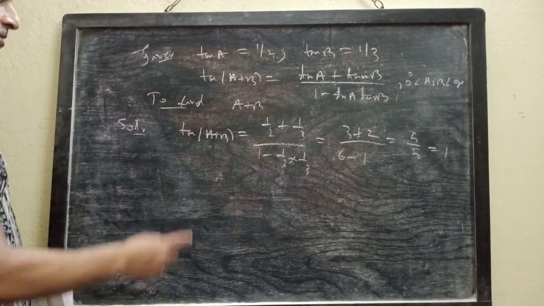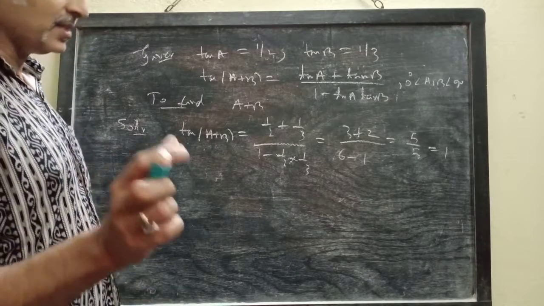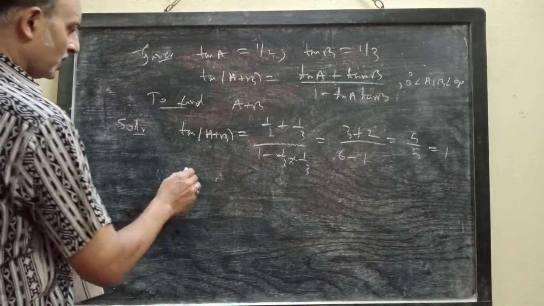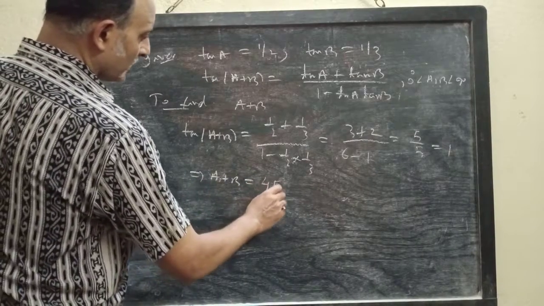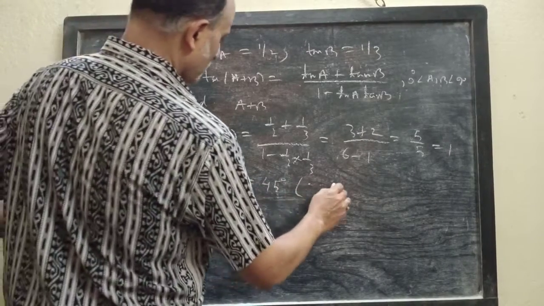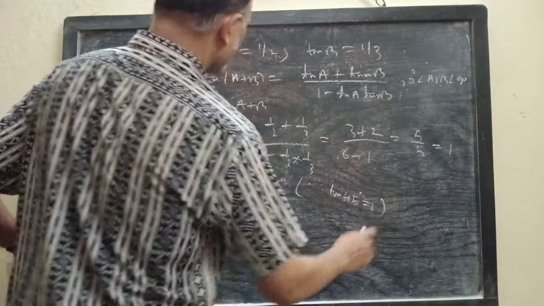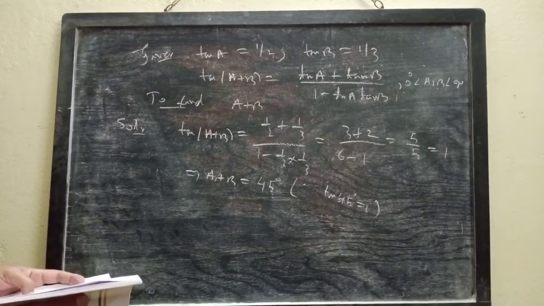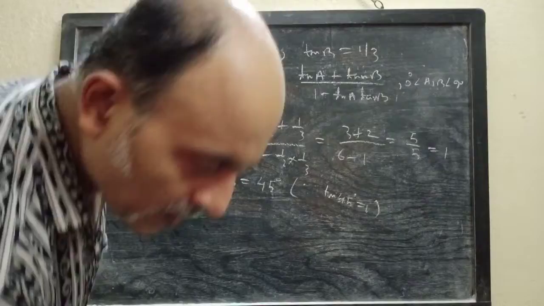So, we know tangent only becomes 1 at the angle 45 degree in the region 0 to 90. So, we can conclude that A plus B equals to 45 degree, since tan 45 degree is 1. Next question.